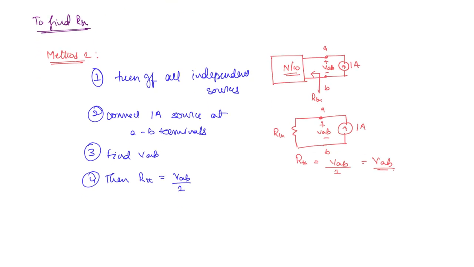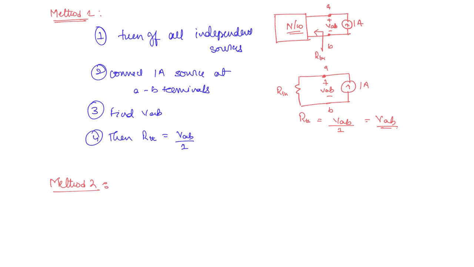Similarly, you can connect a 1 volt voltage source. So method 2 is almost similar, only instead of a current source you're going to have a voltage source. So this is the network, and here you have 1 volt. Now this current, let us take it as IAB, at the AB terminals.